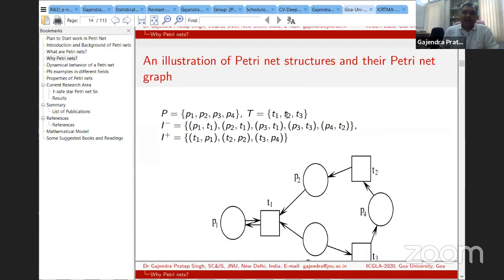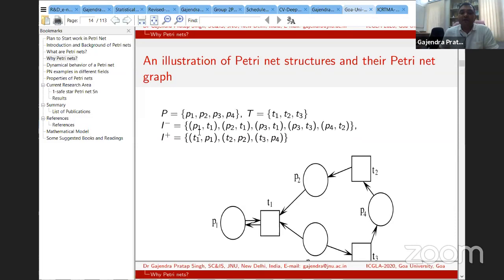This is the illustration for the Petri net structure and Petri net graph. These figures are the Petri net structures, and the representation of these structures is called a Petri net graph. This is the Petri net graph of these structures. Here 4 places and 4 transitions are there. Here (P1, T1) is an element of I minus.